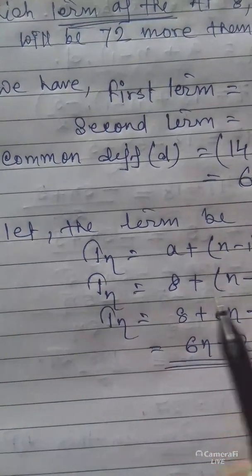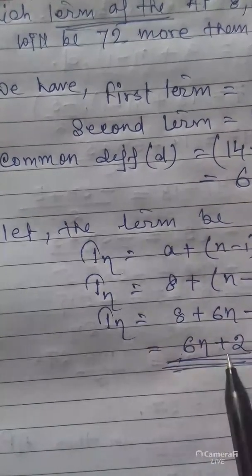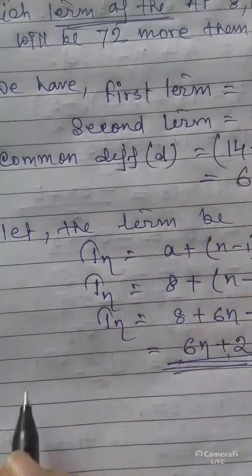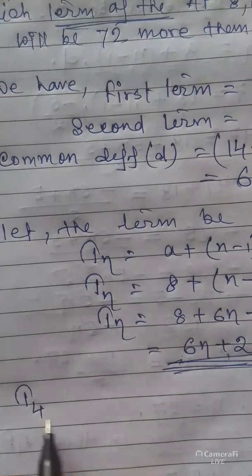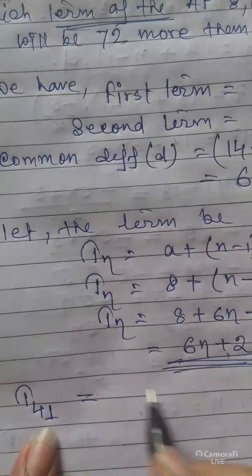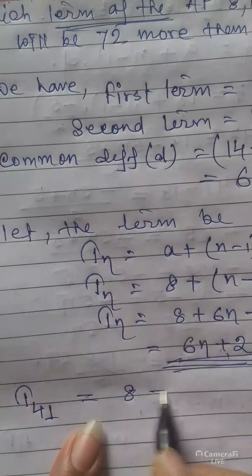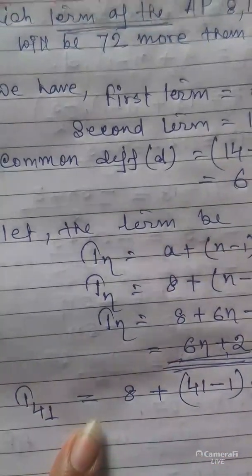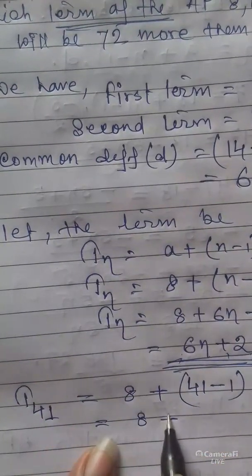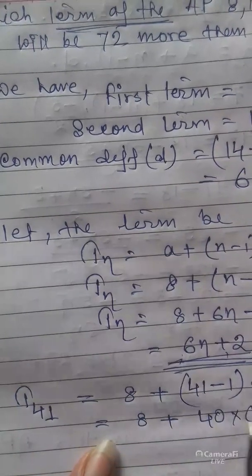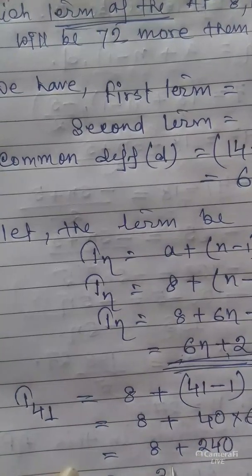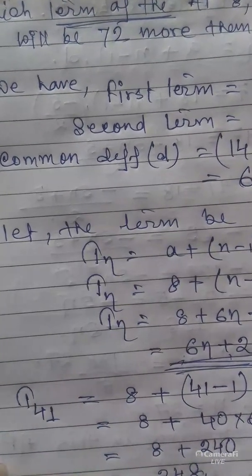And what is the condition? This nth term will be 72 more than its 41st term. Now we have to find the 41st term, means T41. T41 equal to 8 plus 41 minus 1 into 6. Now 8 plus 40 into 6. So 8 plus 240. Now 248. Now 41st term equal to 248.